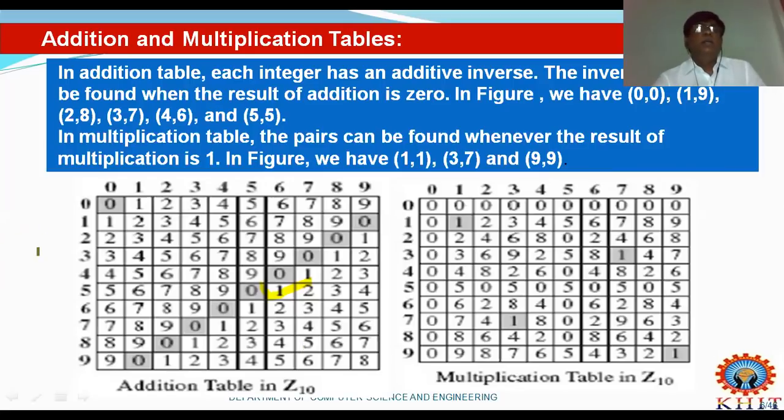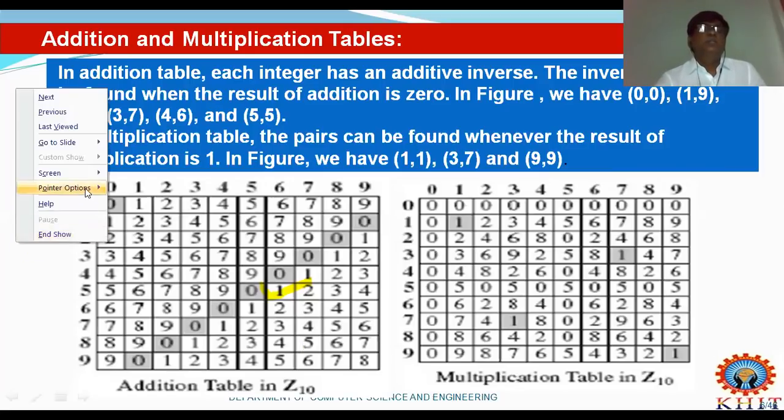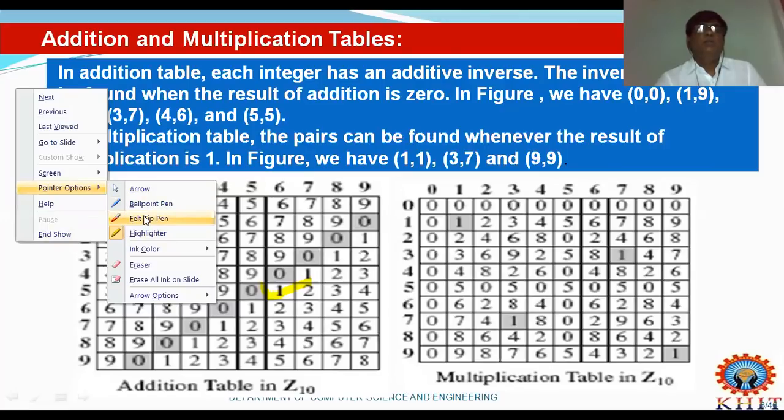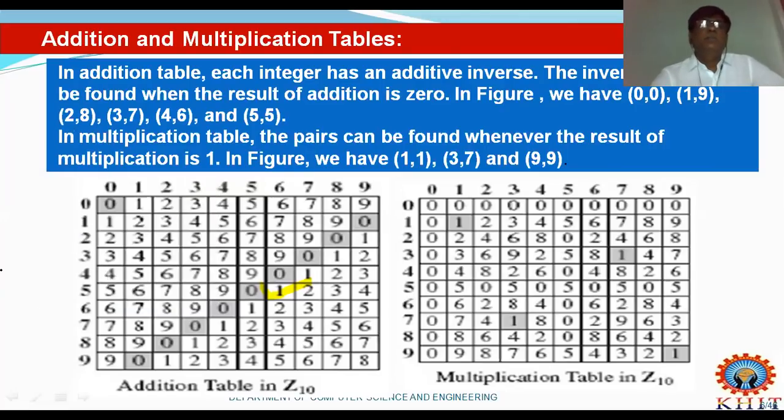What is the addition table? In Z10, it's very simple. You take row headings and column headings from 0 to 9. Column headings 0, 1, 2, 3, 4, 5, up to 9, and the same for row headings.